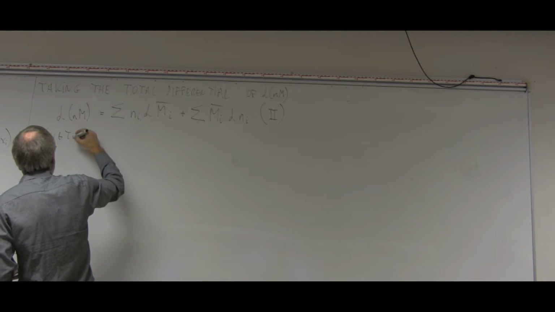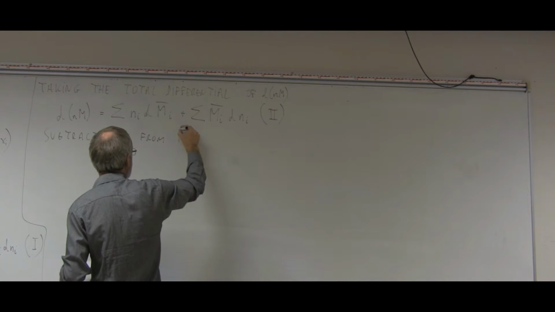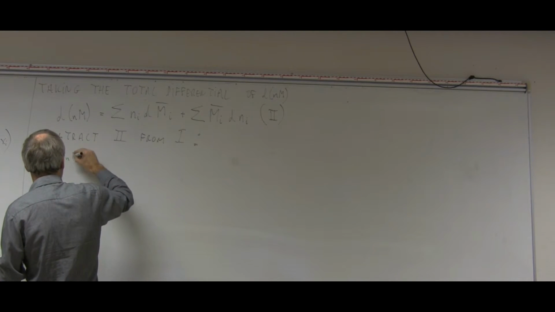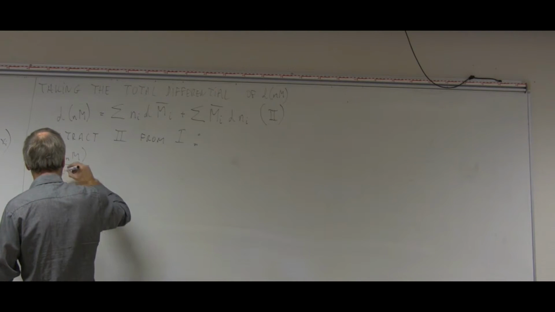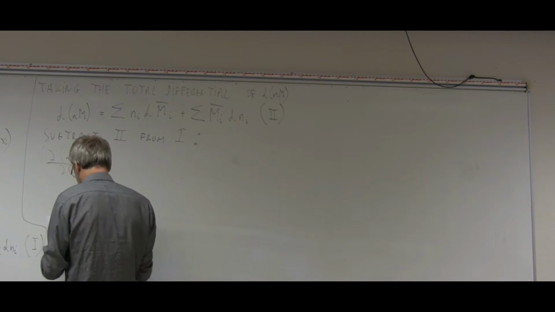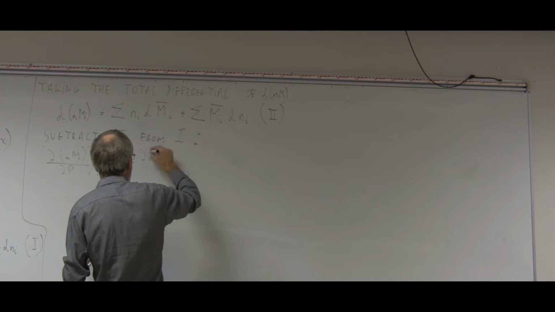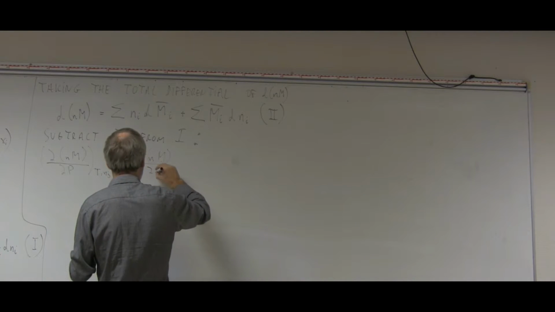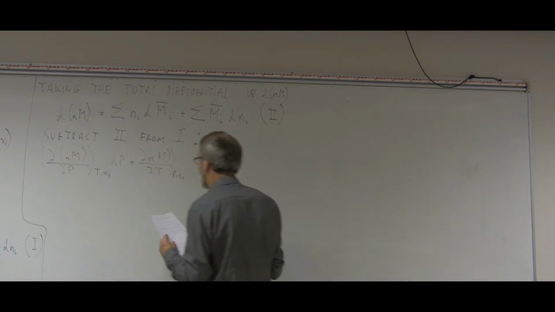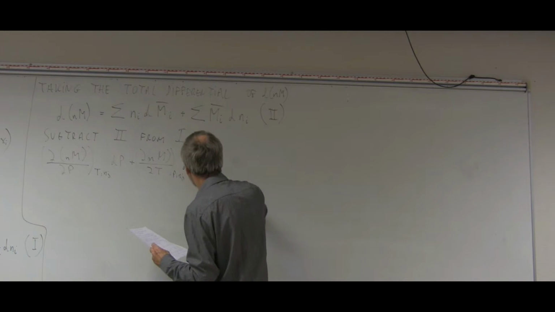Then we subtract 2 from 1, and then we get the change in M with pressure, with the temperature and the composition constant, plus the change with temperature, when the pressure and the composition are constant, and then we change the temperature.